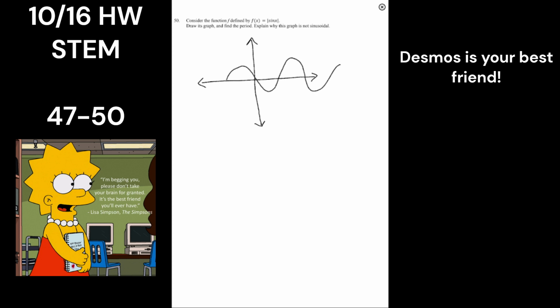I apologize for my terrible drawing skills. But it has to intersect this, like something like that. You know what I mean? But for the absolute value, every place that it's negative, it's positive instead. So this would just go up.